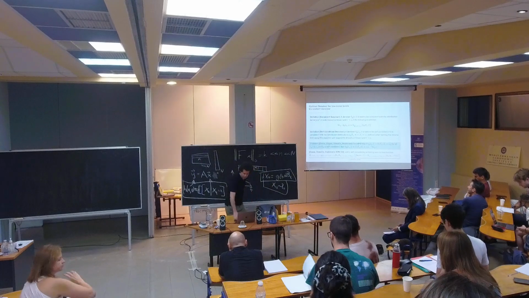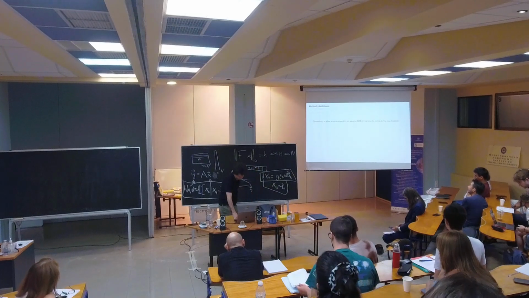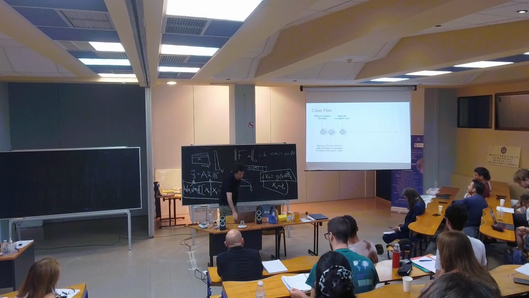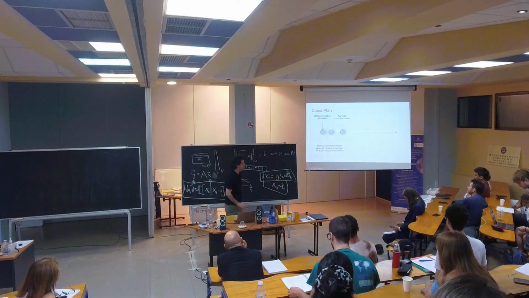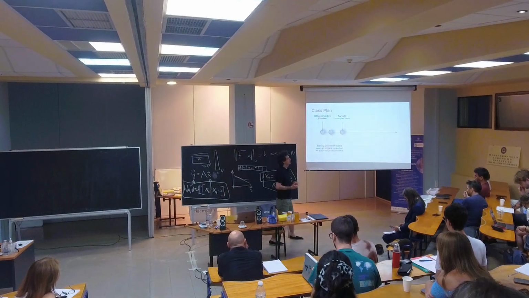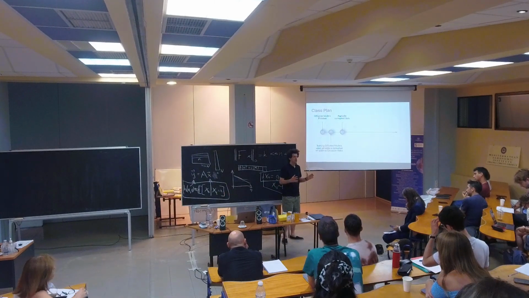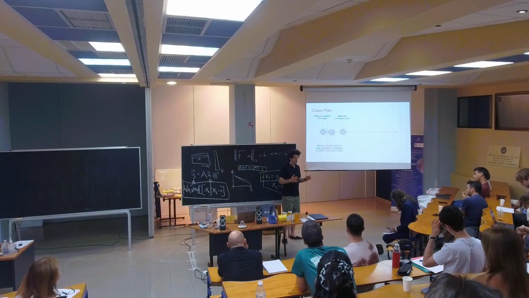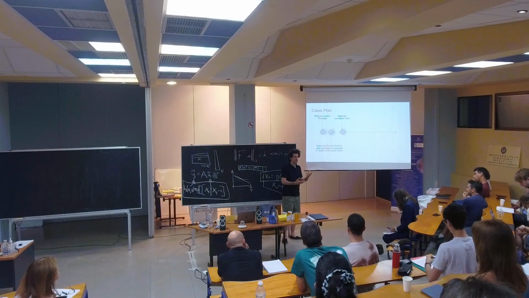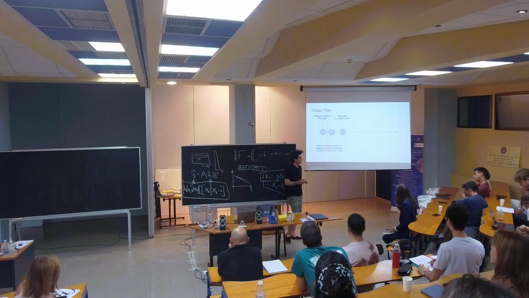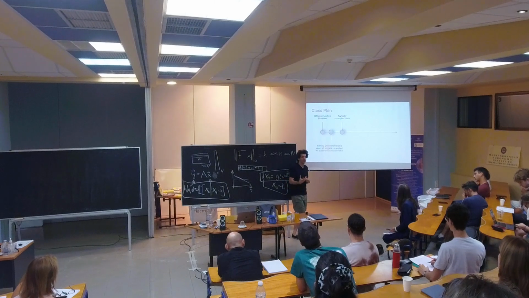So what I'm going to do in the next lecture is talk to you about how to leverage these ideas together with access to a small number of clean samples.